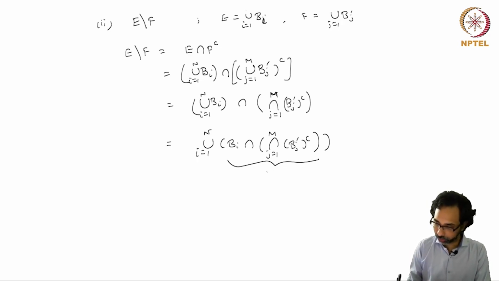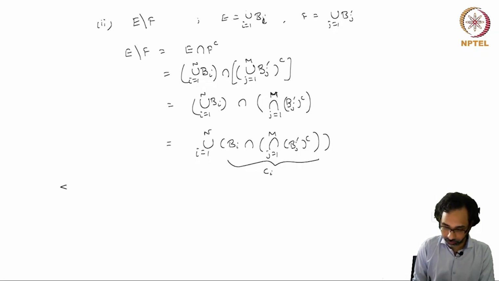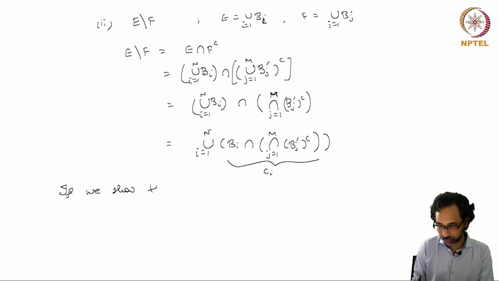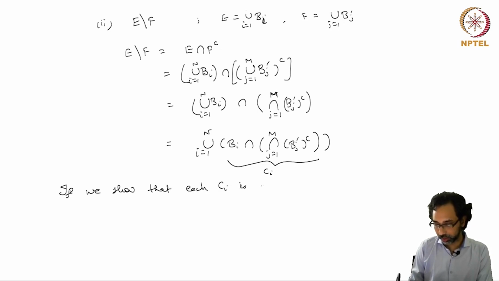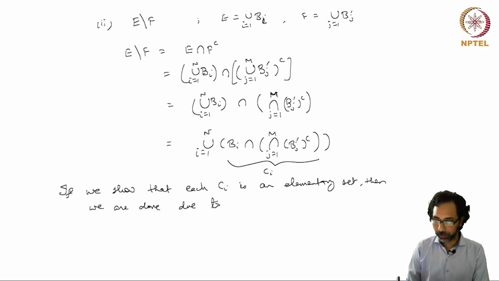Let me call it Ci. So if we show that each Ci is an elementary set, then we are done, due to the first property of union of elementary sets being elementary.